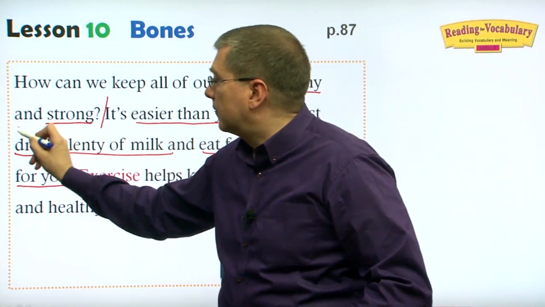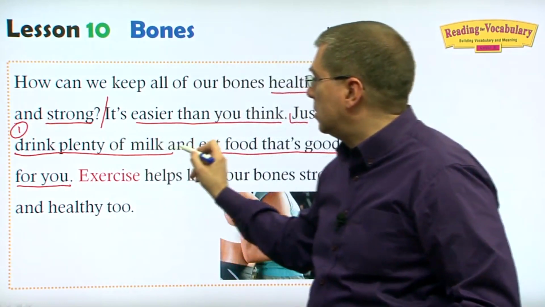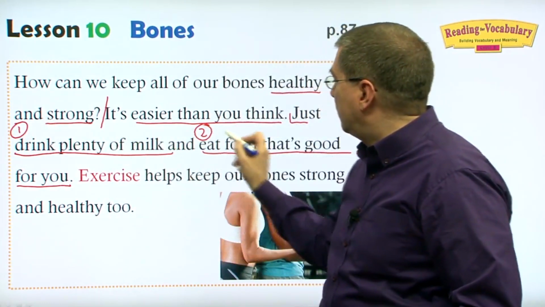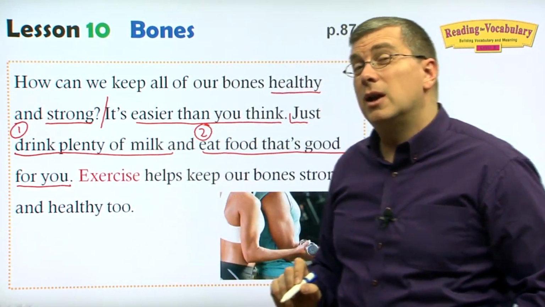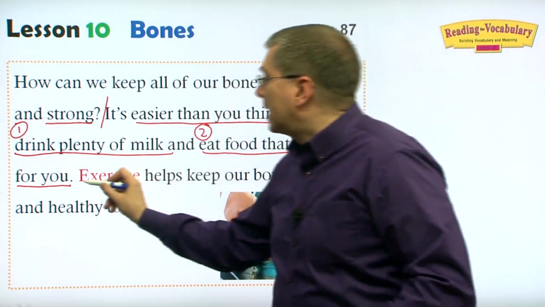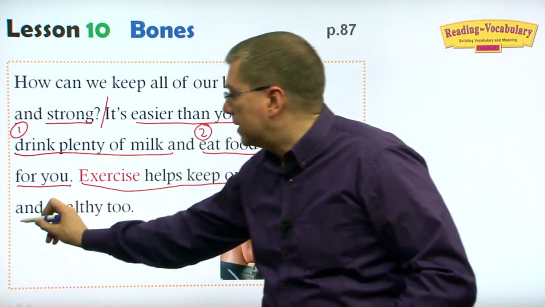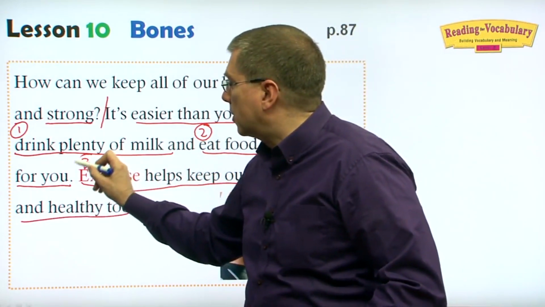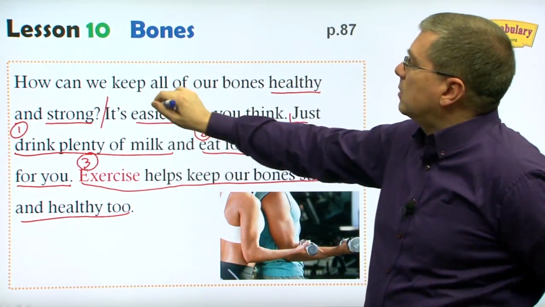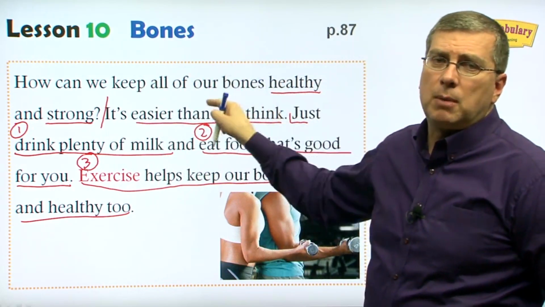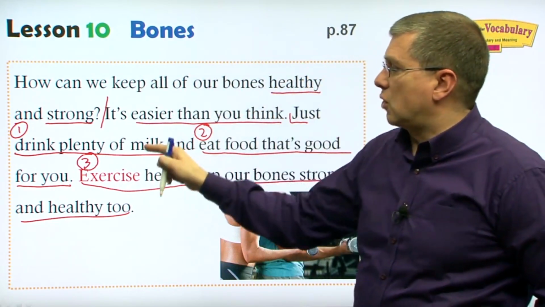That's two ways. The first way, drink plenty of milk. Two, eat food that's good for you. Is there another hint? Yes. Exercise helps keep our bones strong and healthy too. So that's the third way. So basically we have a question. How can we keep our bones healthy and strong?